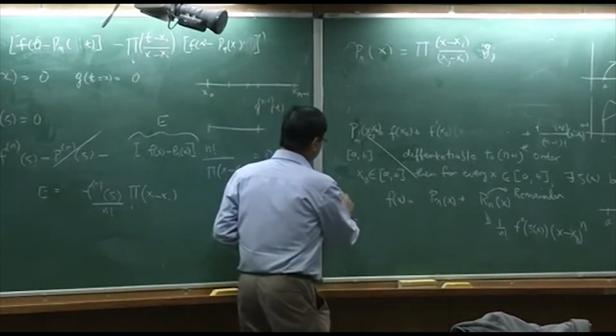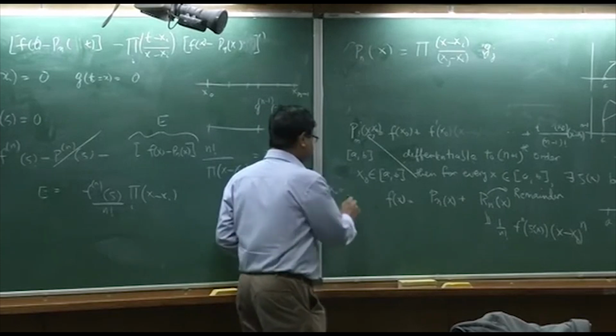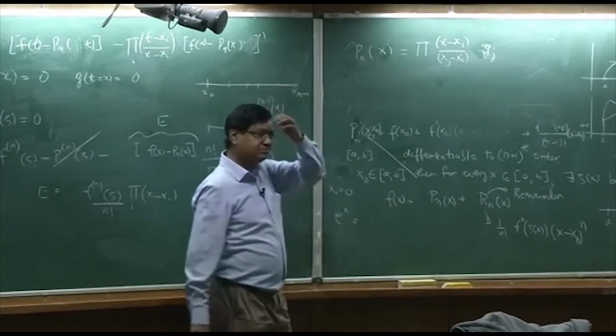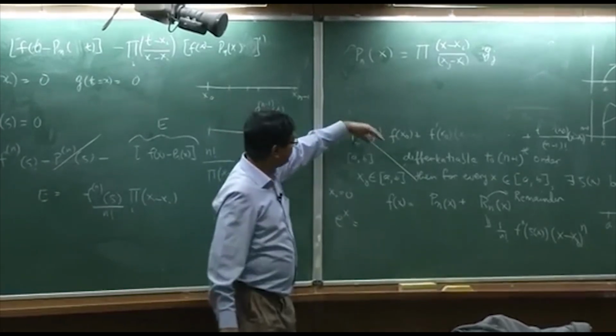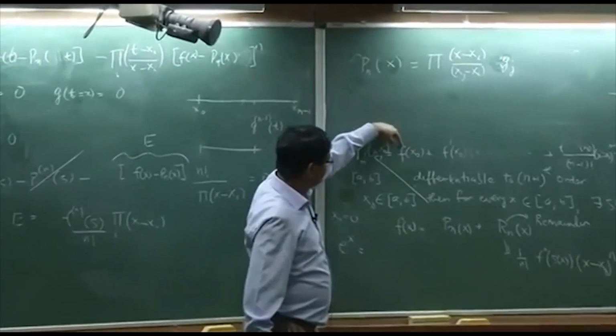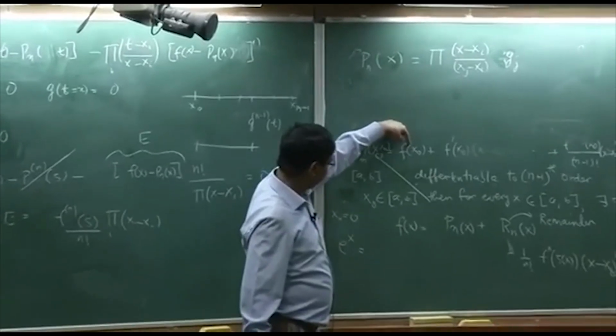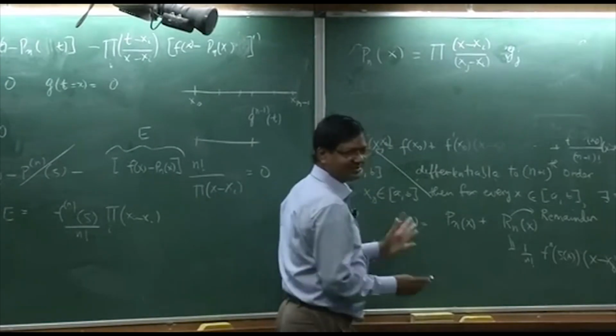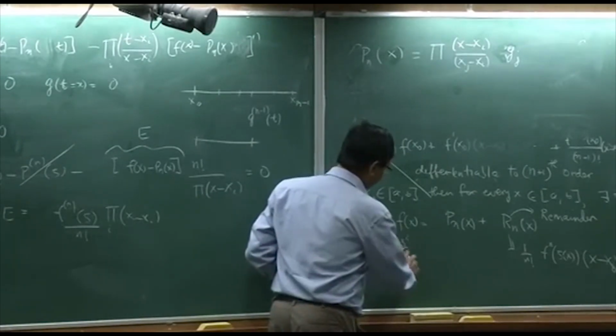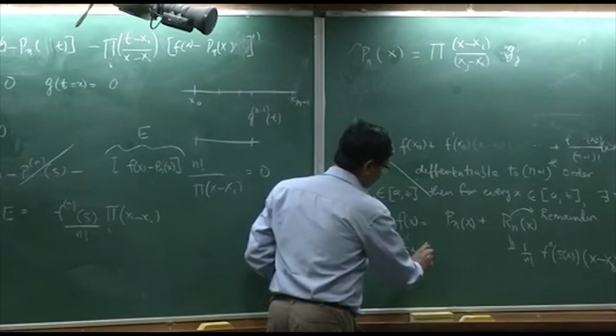So, x0 equal to 0. So, Taylor series, let us keep only 3 terms. So, the first term will be 1 plus x, and everybody knows x squared divided by 2, plus error r.